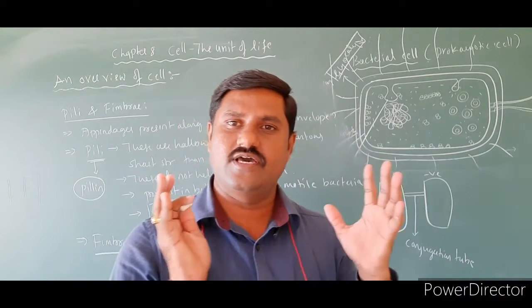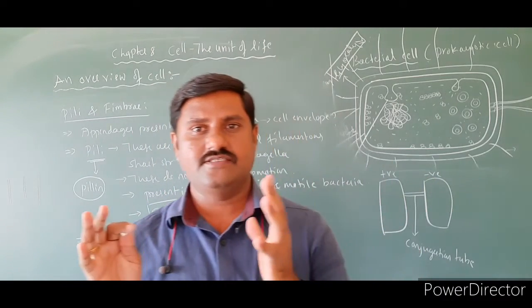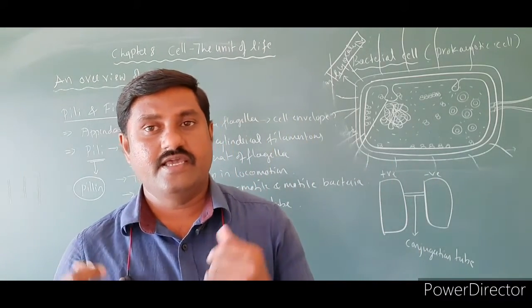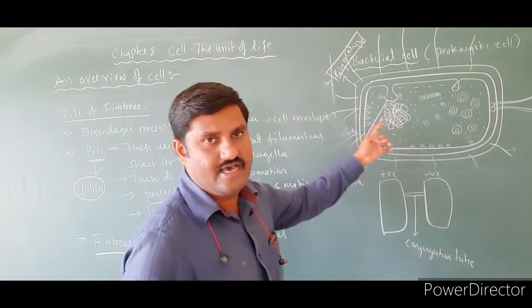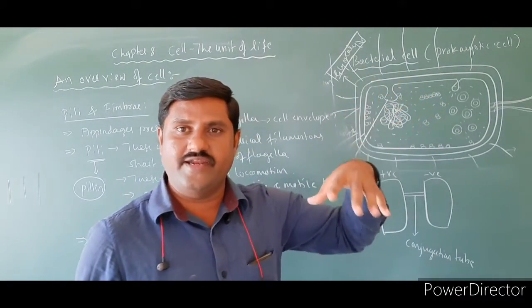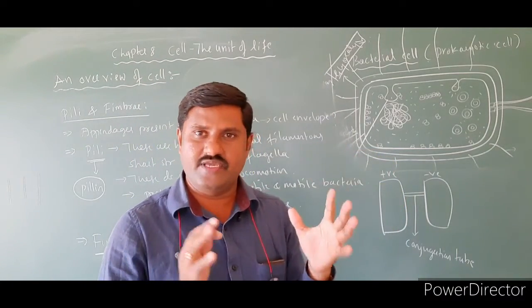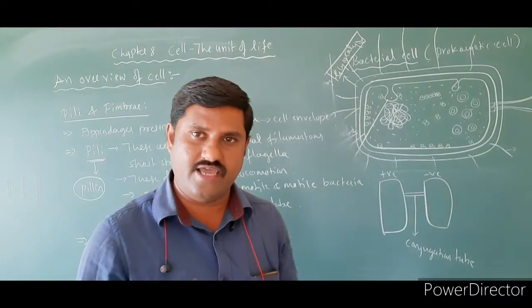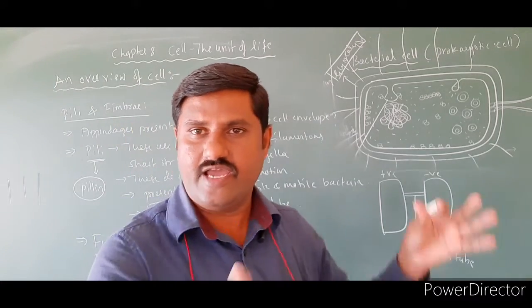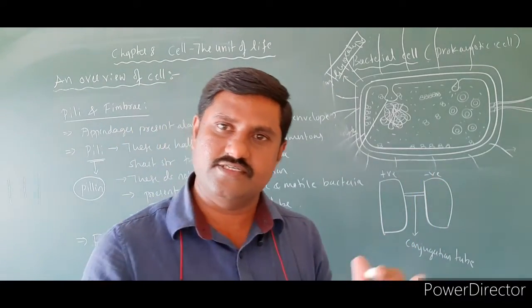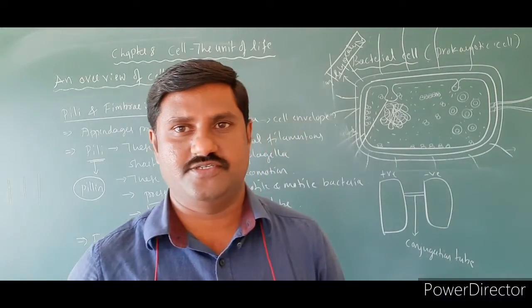This is about the pili as well as fimbriae along with the flagella. All these are components of the cell envelope itself, right? They come out of the cell from the cell envelope itself. That's why I have added these structures in the cell envelope structures.